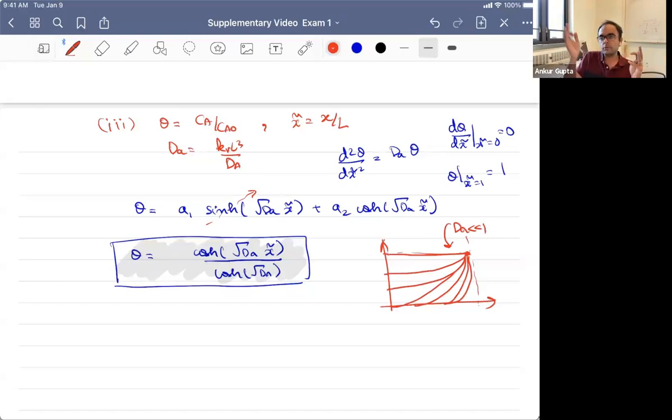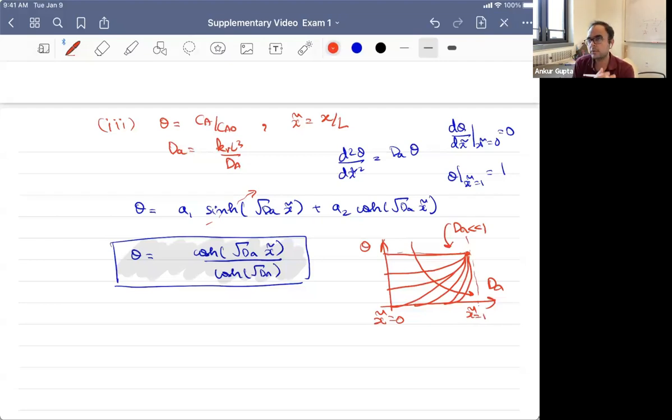So these are the profiles for different Damkohler numbers, and this is the way Damkohler number will increase. So you will start to see faster and faster depletion of theta, the concentration, and this is again, remember, x tilde equal to 0, and this is x tilde equal to 1, and this is theta. Okay, so basically the faster the reaction, the more depletion you will get in the concentration of species A.